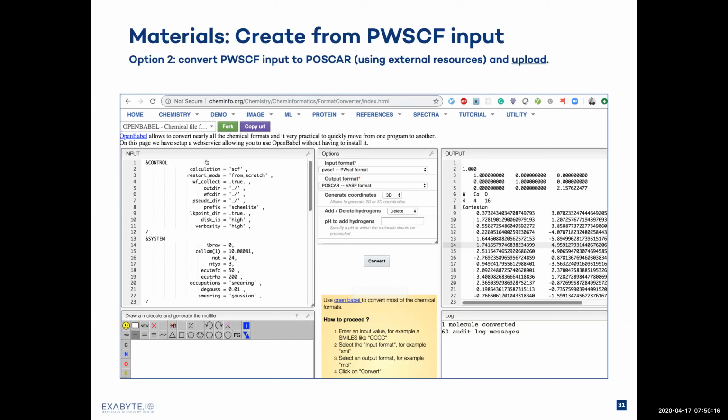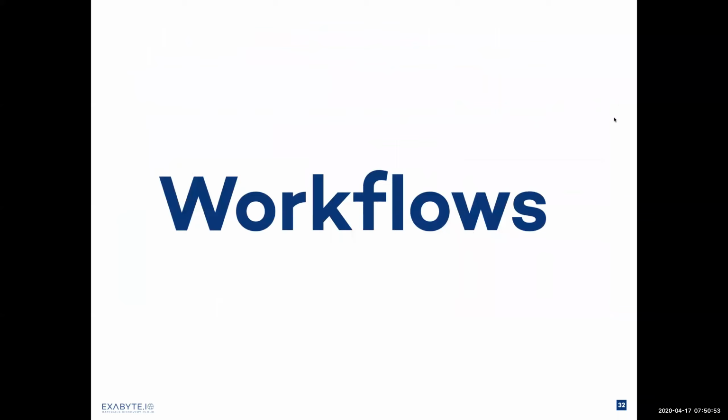So what we can do is use this converter routine to convert the materials information from XYZ that is stored inside Quantum Espresso into POSCAR format. So it will only contain the structural information without anything that is related to the simulation workflow. And we can use this POSCAR file to upload it through one of the platform actions. I explained that in more detail in the Getting Started webinar, so you can see one of the prior recordings to understand how to do that.